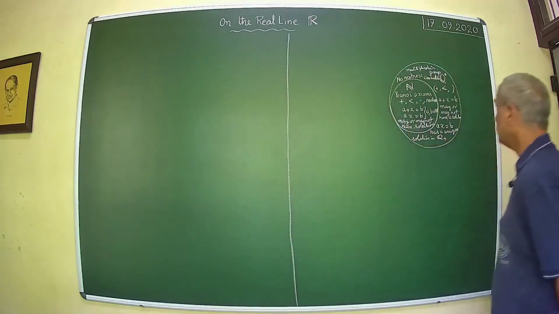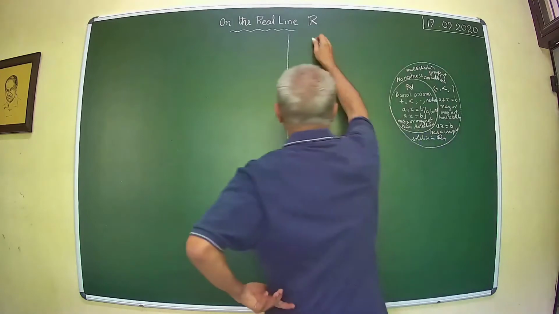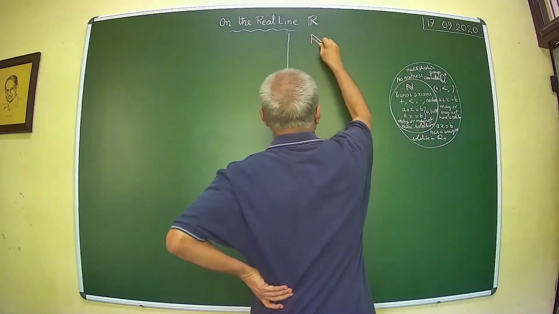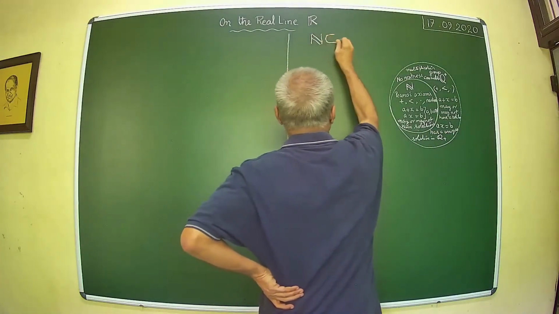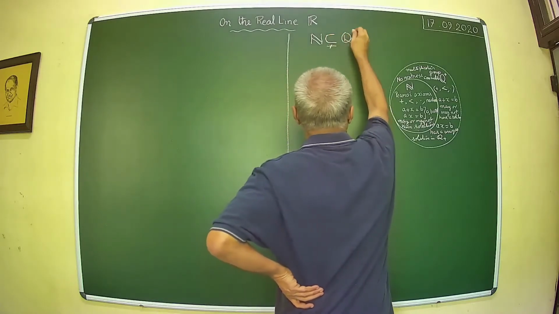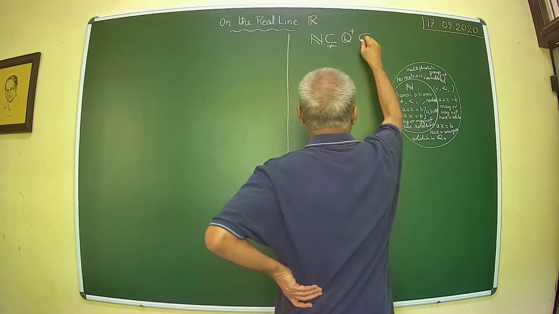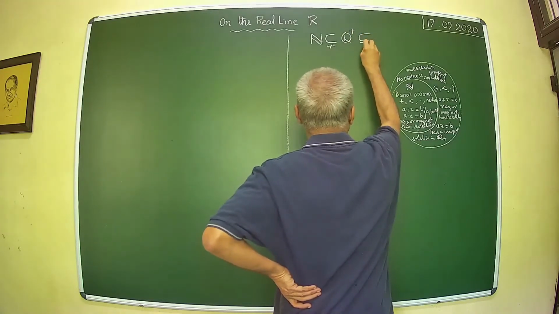Right. So we got Q plus. Now I write it here. You have N contained in, not equal to, the positive rationals. Now we extended this further.